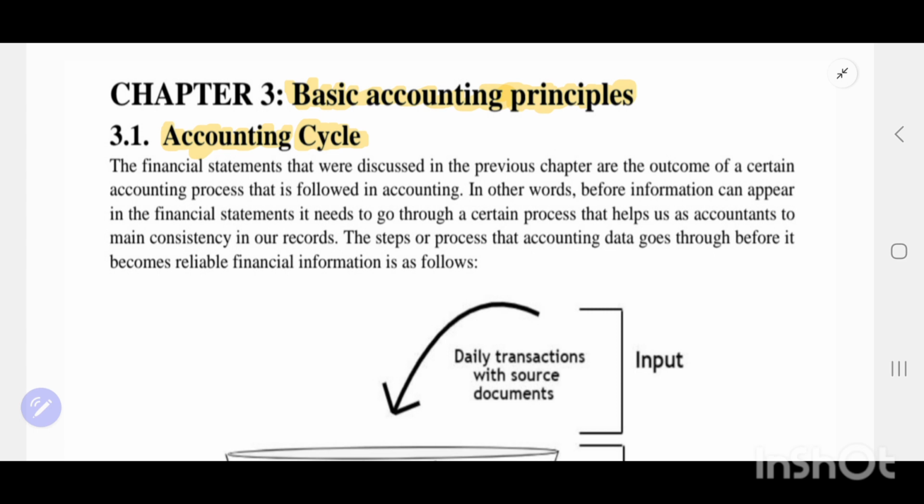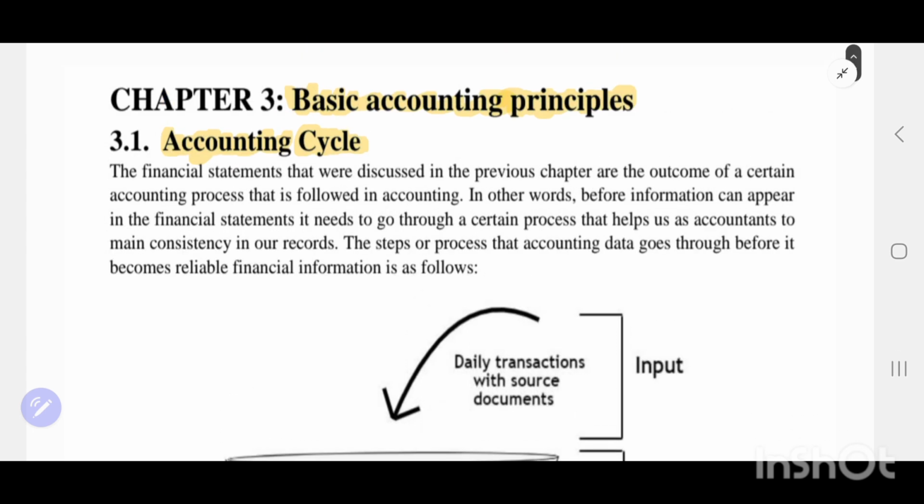So we spoke about that, and then we also spoke about the elements of financial statements. We discussed what is income, what is equity, what is an asset, what is a liability. That's the theory that you need to know. Remember, for that you need to be able to define for your level.